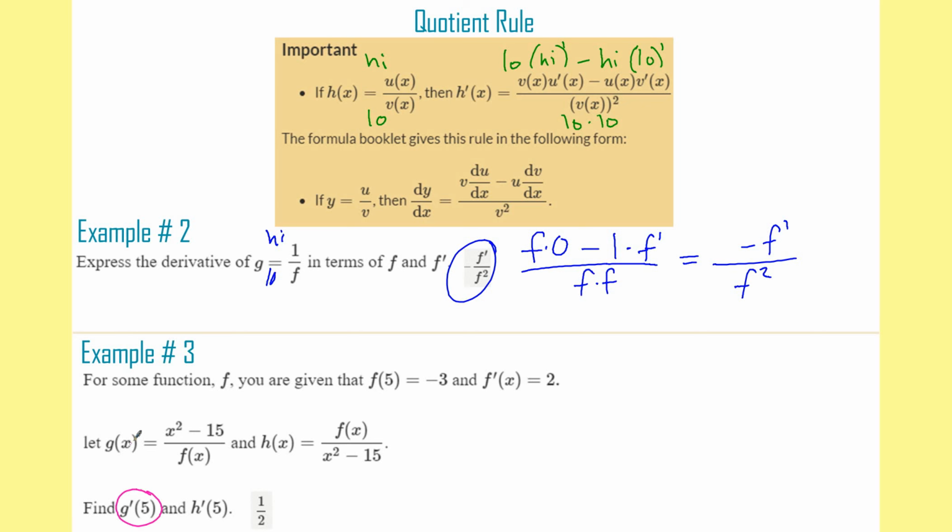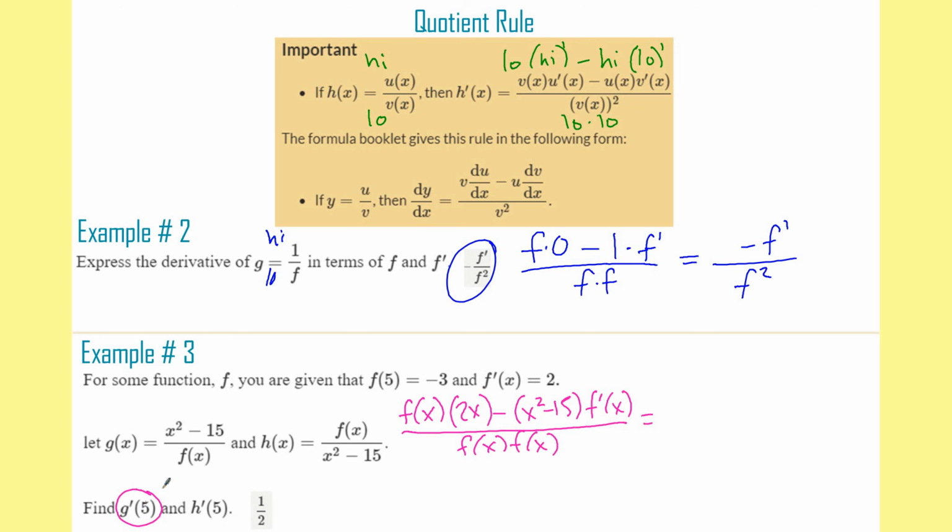So the derivative of g, so we have low d high, so derivative of the high one, so 2x, minus high d low, all over low low.